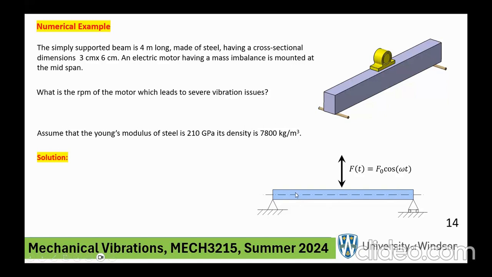We know the stiffness of that spring. This is what we did 2 weeks ago. This simply supported beam in transverse vibration can be viewed as a fancy spring with a stiffness 48 EI over L cubed. We did that. These are things that you should know, and you have your notes to go back to if ever needed. Now, what about the mass?